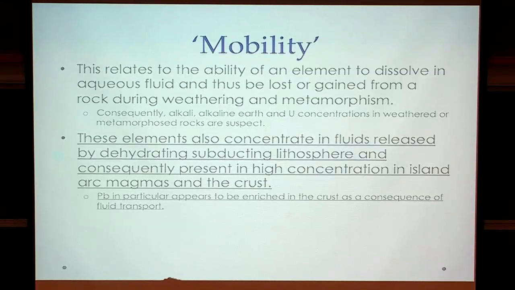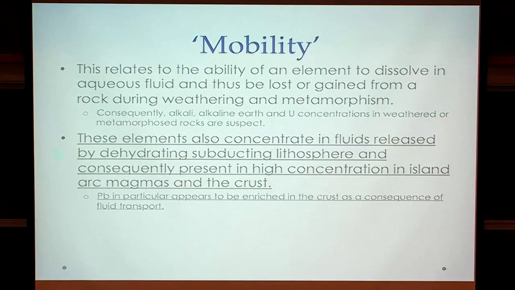Okay, another concept that I don't have too much time to talk about: mobility. Really, this relates to the ability of an element to dissolve in an aqueous fluid, and thus the possibility of being lost or gained from a rock during metamorphism or weathering.